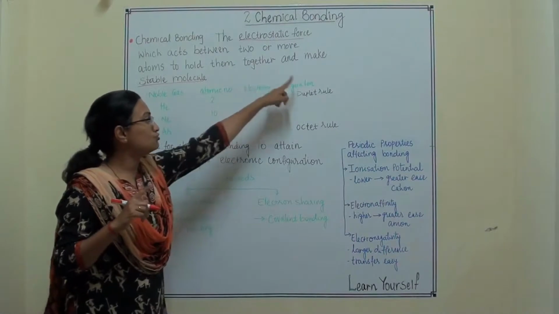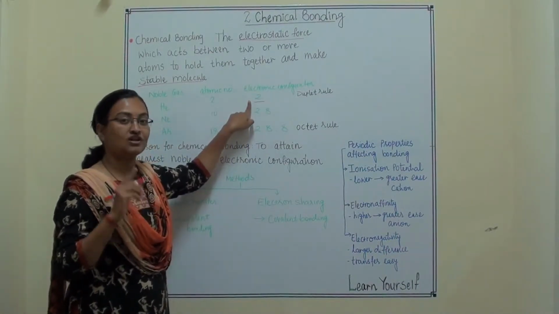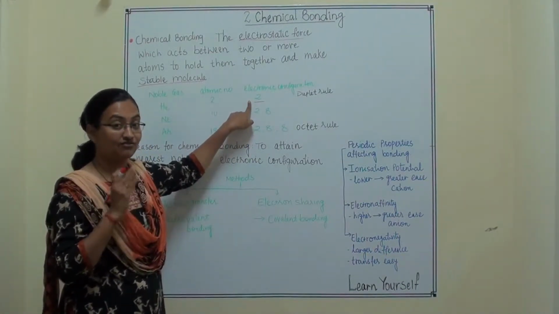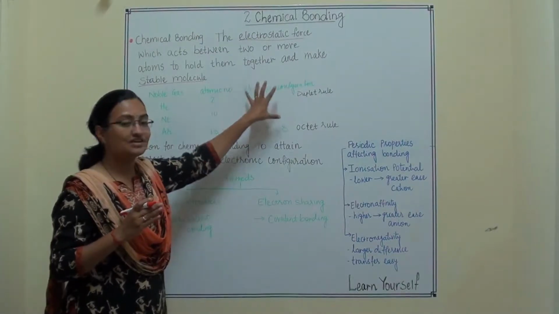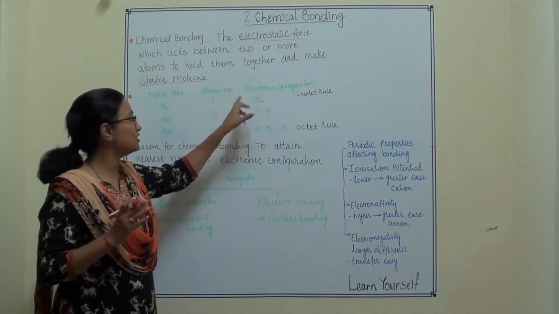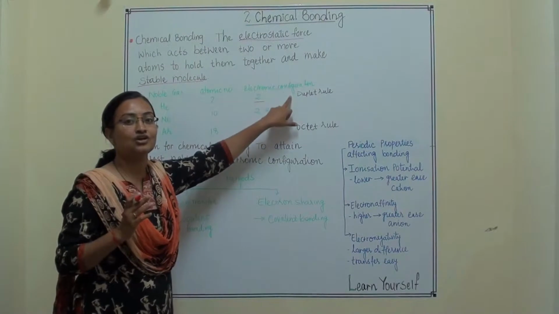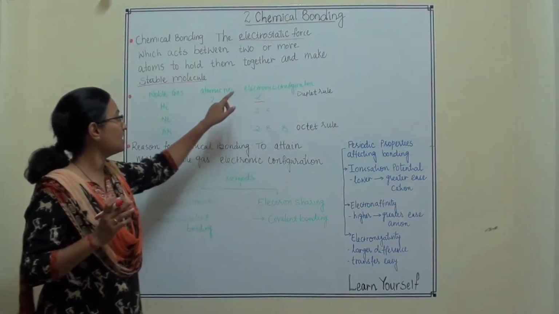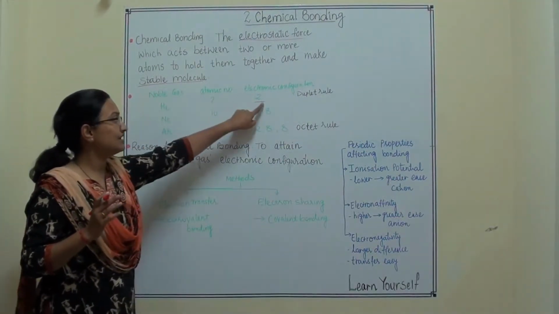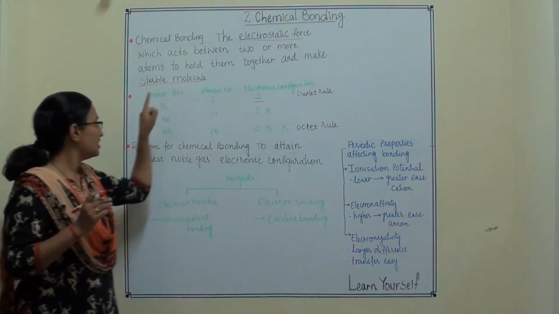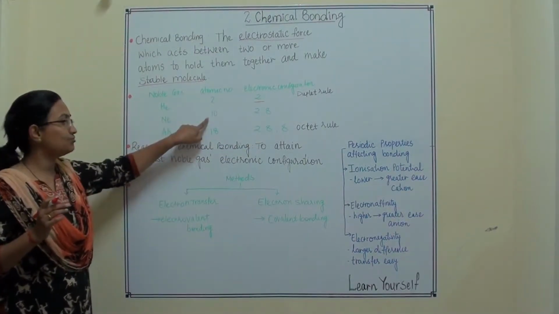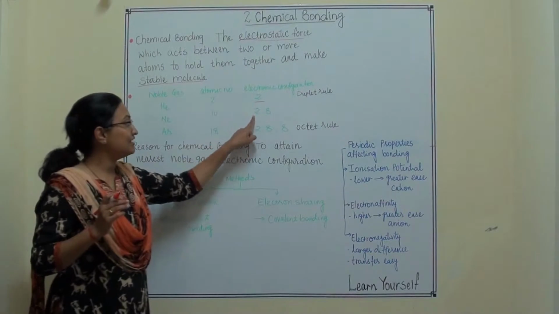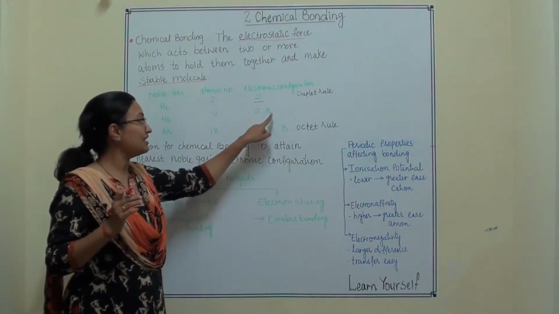To check how to write electronic configuration and what is the meaning of valence shell, and to understand this concept, check my video based on how to write electronic configuration. Then for helium, electronic configuration is 2. We'll go for neon. Its atomic number is 10 and electronic configuration is 2, 8.